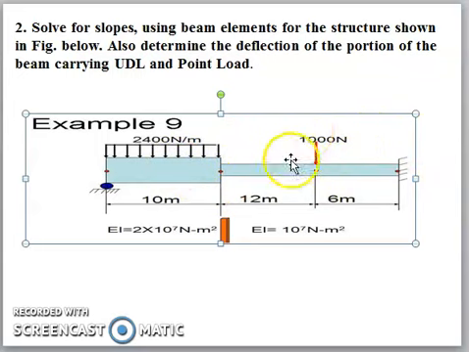It is not like that, because the point load is acting at the midpoint, and they give the distance also. For that you have to consider 3 elements and 4 nodes: node 1, node 2, node 3, node 4. So that is the FEM model.